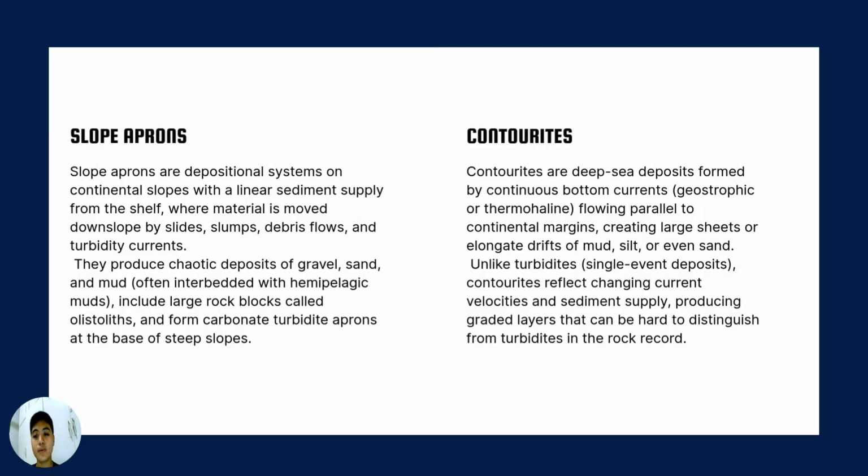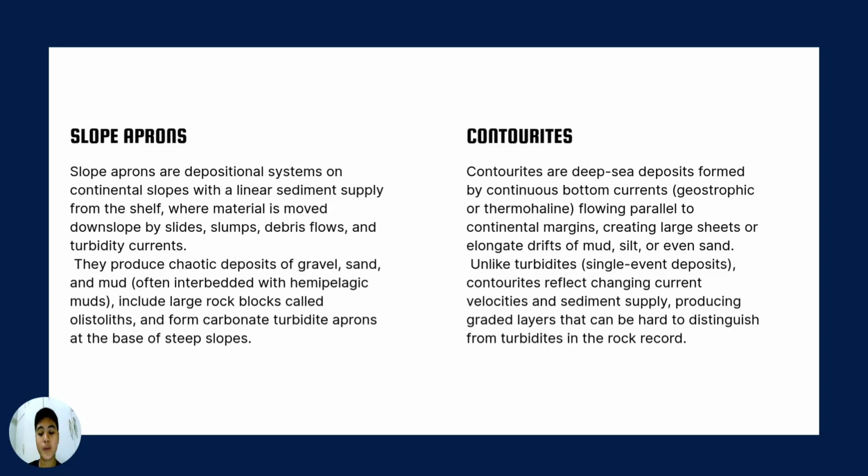Now let's take a look at the slope aprons and the contourites. Slope aprons and contourites are both underwater sediment deposits found along continental slopes, but they are formed in different ways.